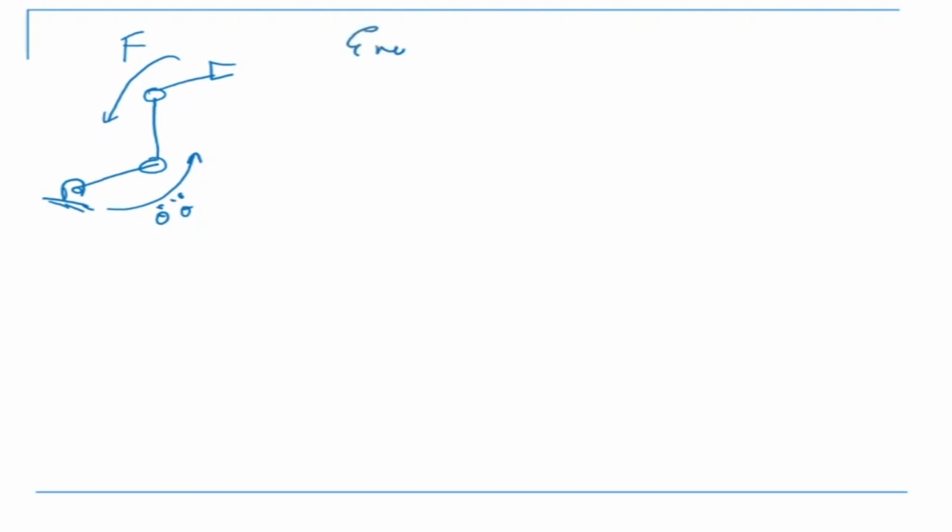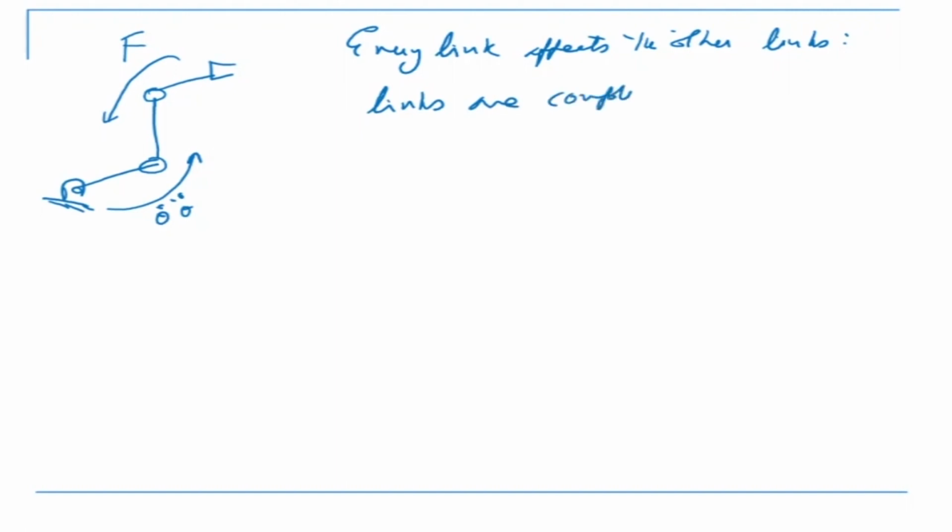So here every link affects the other links, or in a way the links are coupled. So this basically means that even if this link here is not moving, so let's say theta dot is equal to 0, it's not moving, but because the previous links are moving, this will be subjected to both linear and angular accelerations, which are going to cause inertia forces.